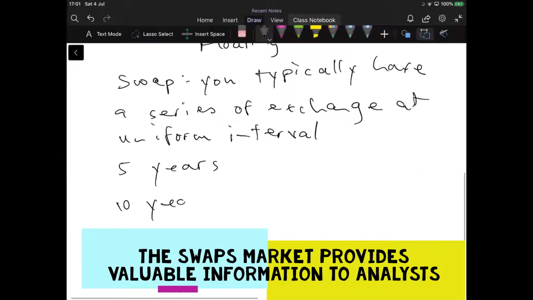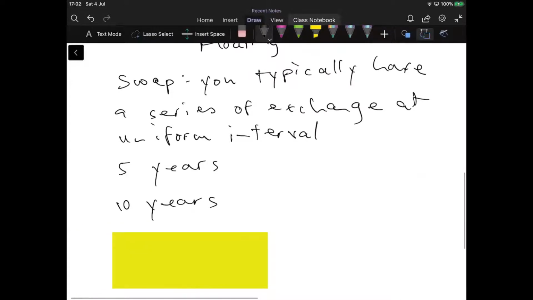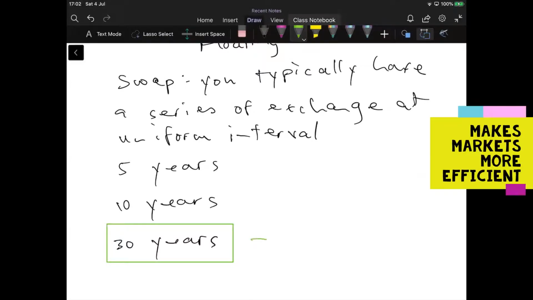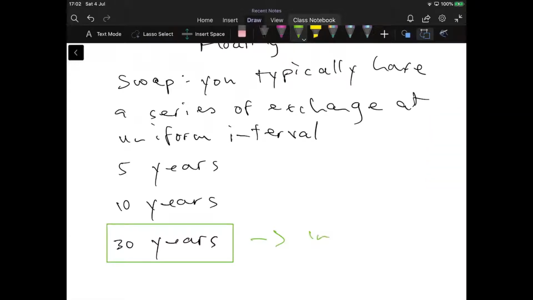And it's not uncommon to have interest rate swaps that go up to 30 years. Because of the longer maturities, it was believed that interest rate swaps provided the market with quite a bit of information.